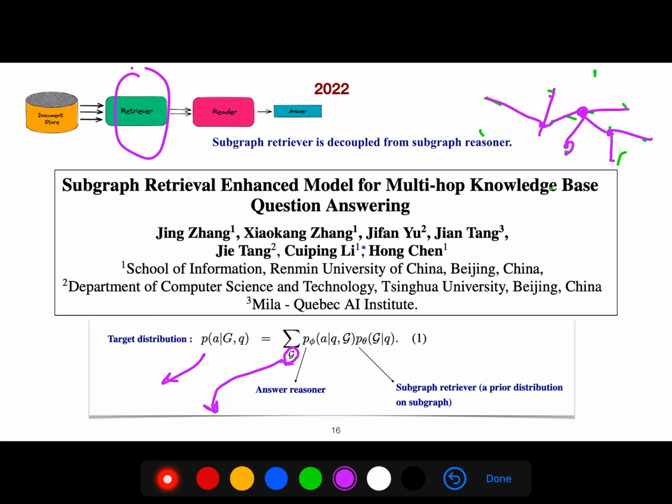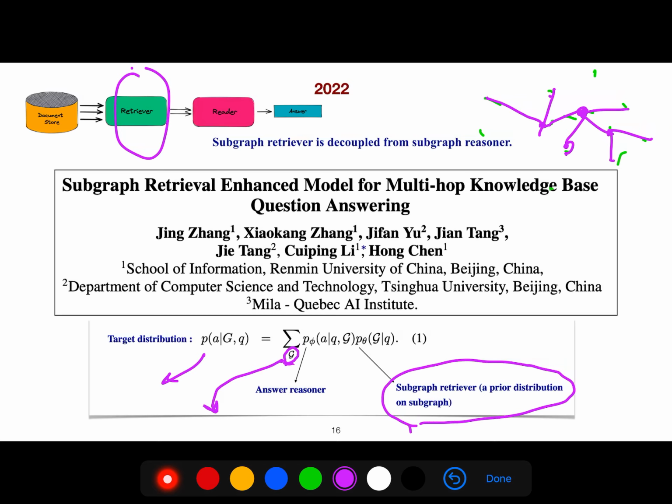No problem from a combinatorial perspective. And so we have a prior distribution on subgraphs, like in a Bayesian framework, we have a prior. Now we have a prior over the subgraphs because it's a big space, so we try to concentrate on a particular zone.